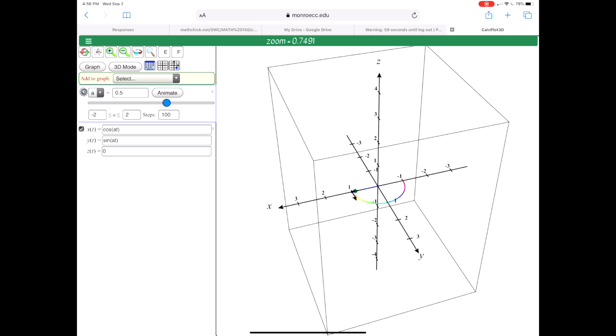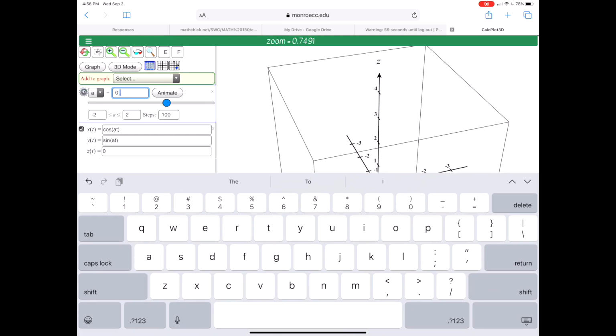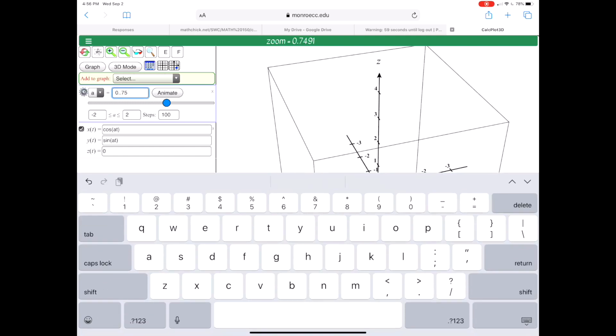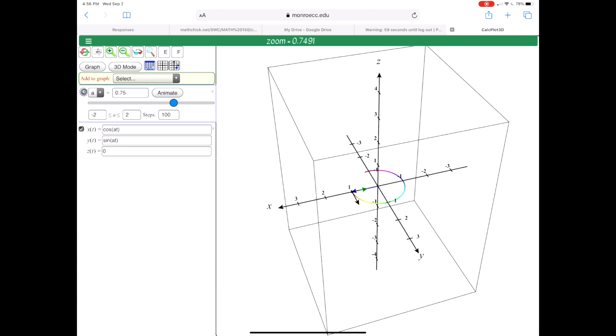Now let's take a look as we go to 0.75 for omega. And you'll see it's 3/4 of the way around, right?